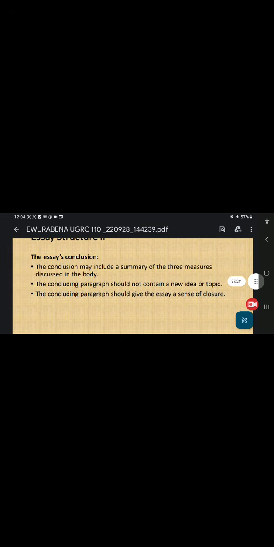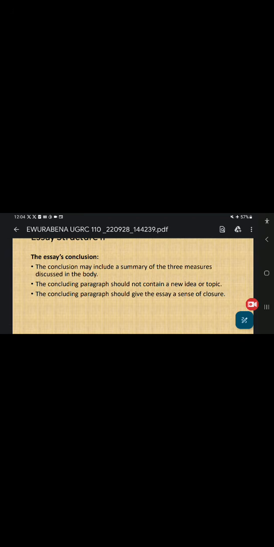So you can say that in summary, I spoke about the 3 measures that we can put in place to ensure free and fair elections in Ghana, namely an independent judicial system, of which I explained this. Then you talk about the independent electoral commission, and you give some summary on that topic. Then you talk about the last one, which is transparent ballot boxes, and you explain it a bit.